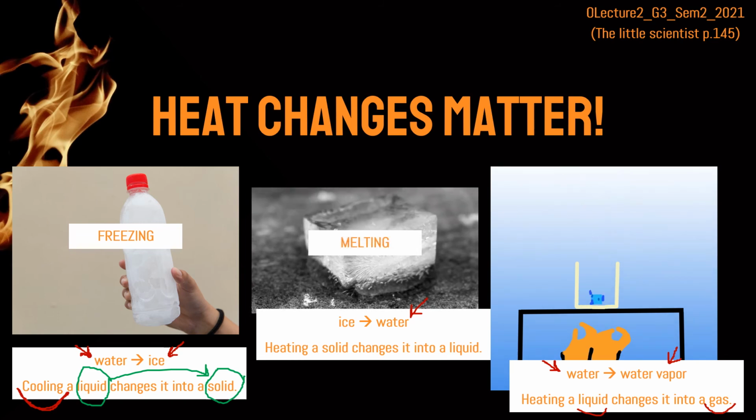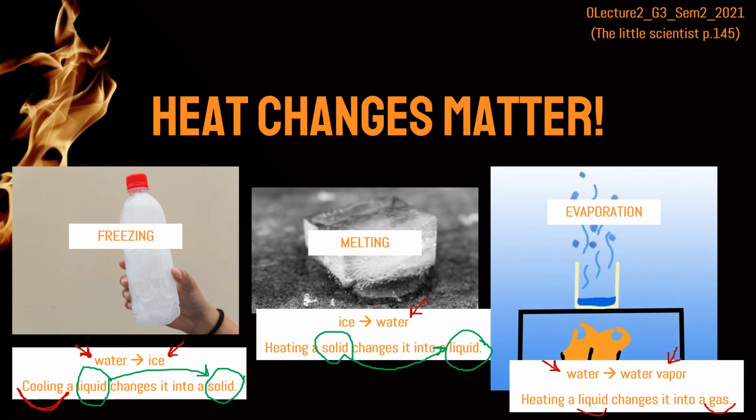Heating a solid changes it into a liquid, and this is called melting. The solid turns into a liquid, so the solid melts. The last process is the evaporation process, and during this evaporation, we heat a liquid to turn it into a gas.